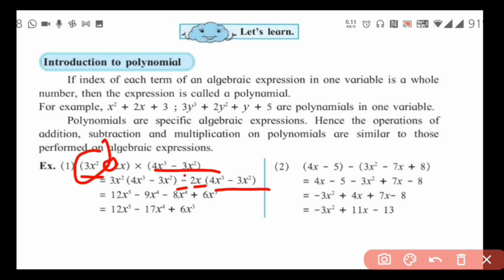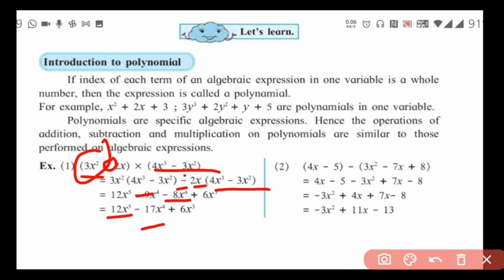When it is added, what do we get? 12x raised to 5, minus 9x raised to 4 and minus 8x raised to 4 are like terms, so we can add these like terms. It becomes 12x raised to 5 minus 17x raised to 4 plus 6x cube. In this way we can do the multiplication sum.